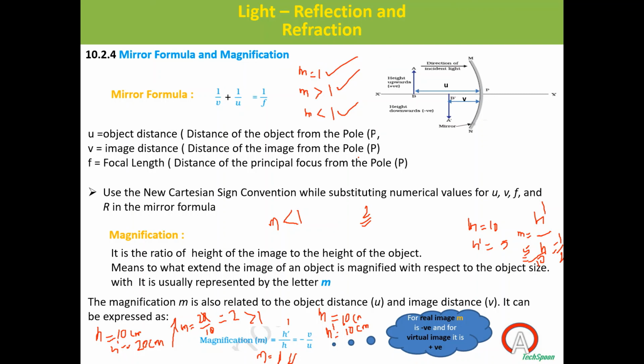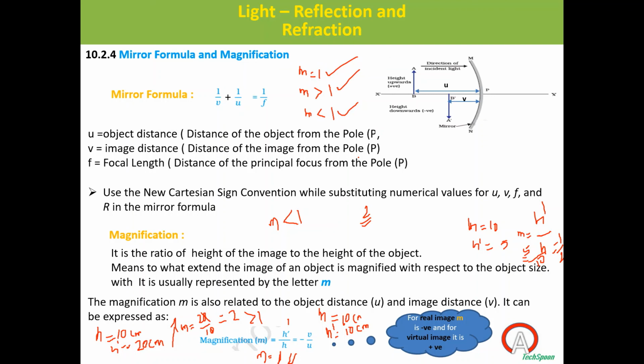Magnification, from the name, it is something increasing, enlarge, right? But the formula says that it is the ratio of image height to the object height, right? H dash by h. So if both image height h dash and object height h are the same, you will get magnification 1. So there is no magnification, right?